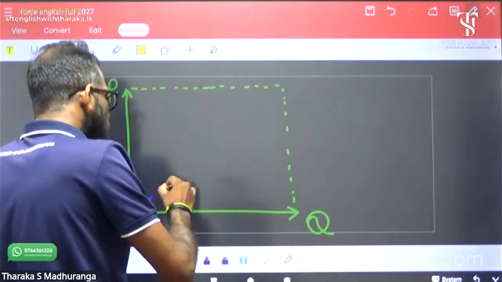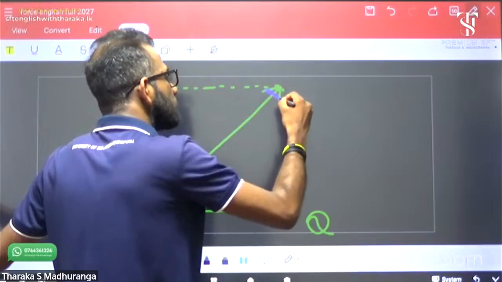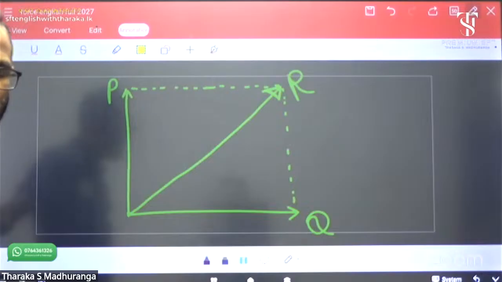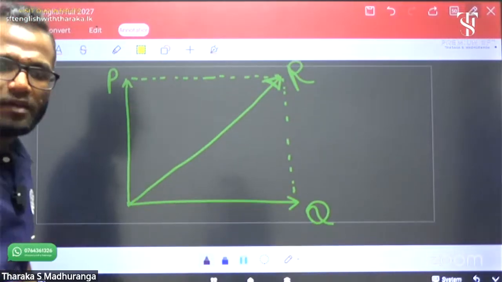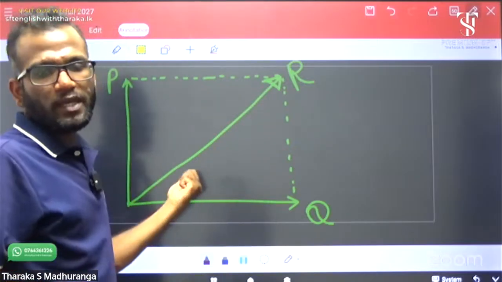The diagonal of this rectangle is the resultant force of these two forces P and Q.